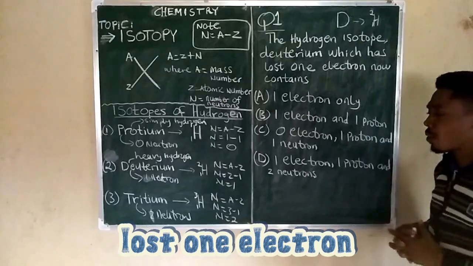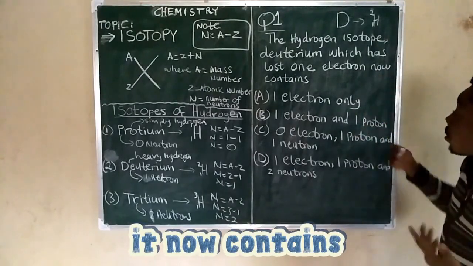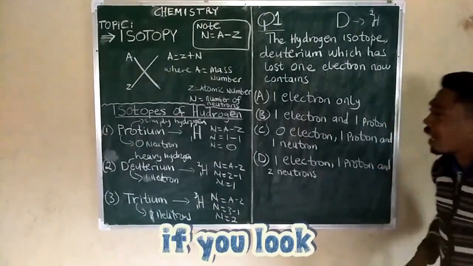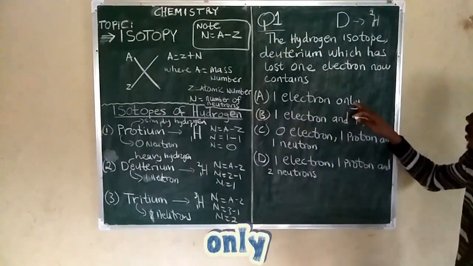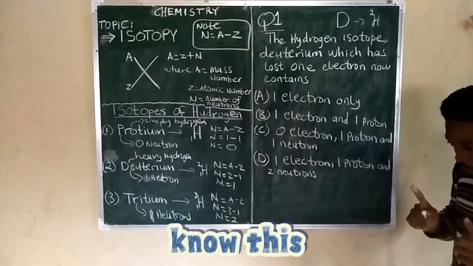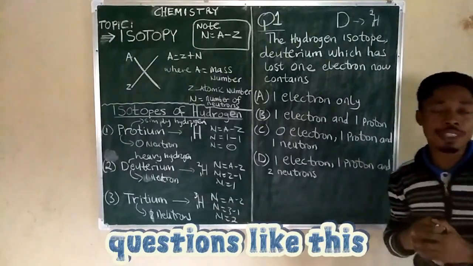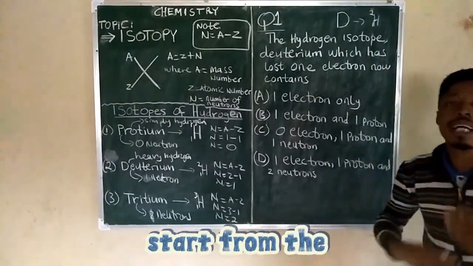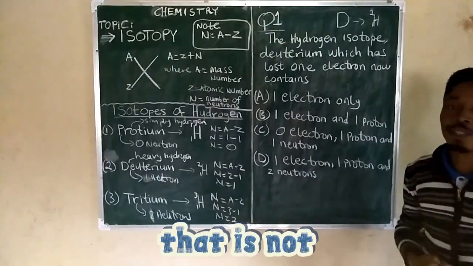If it has lost 1 electron, it now contains what? If you look at option A, does it now contain 1 electron only? Sometimes, in answering questions like this, we have to start from the answers that we are sure are not correct.